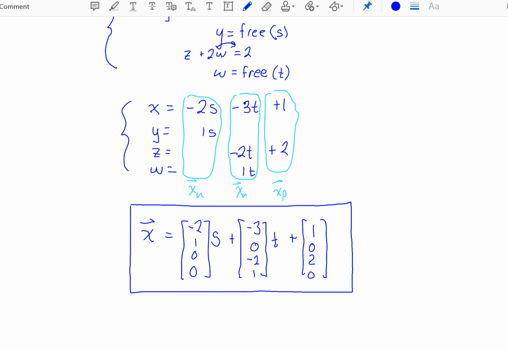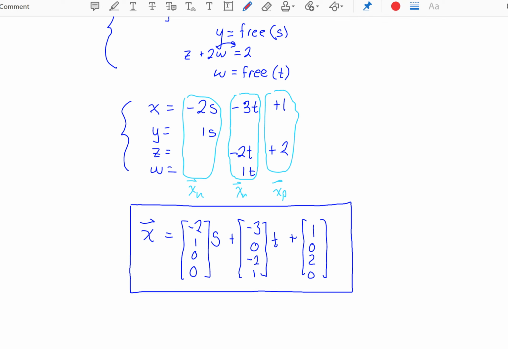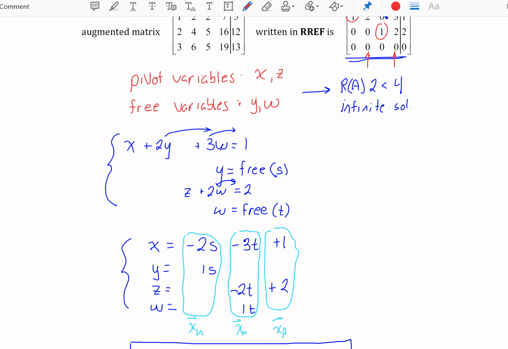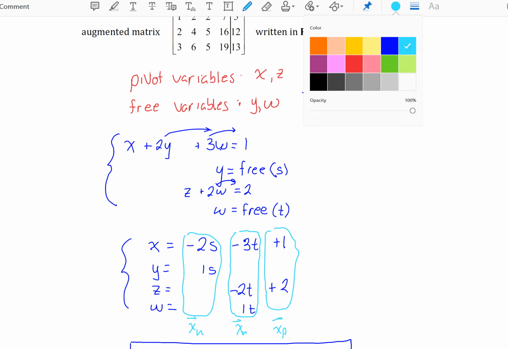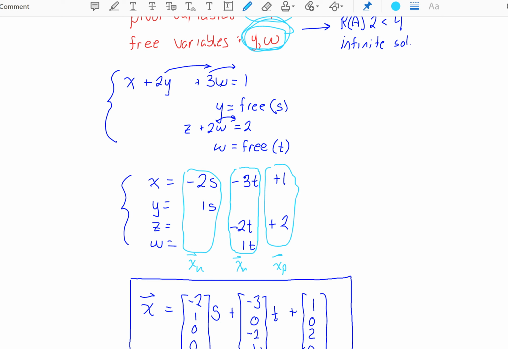Now, one of the things that you'd like to identify when doing this problem, now that we've finished it, is that we had two free variables in this problem. The presence of the two free variables, w and y, is what led us to have two homogeneous solutions.